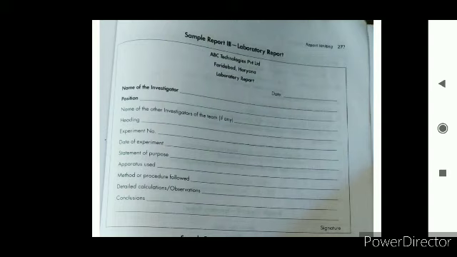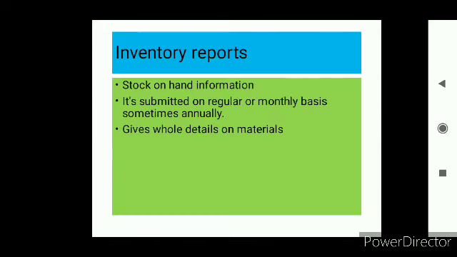On the left side come all the other criteria, like name of the investigator, position, names of the other investigators involved if it is a team, heading, experiment number, date of the experiment, statement of purpose, apparatus used, methods of procedure followed, detailed calculation or the observations, and finally the conclusion, and at the bottom right corner comes the signature. So this is the format of a lab report.